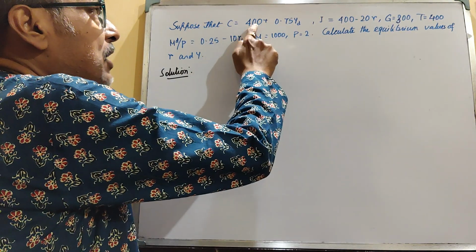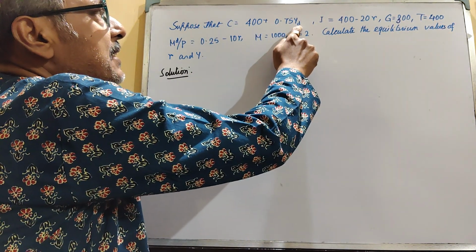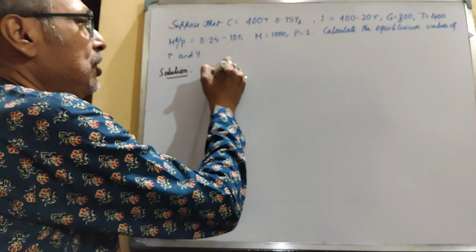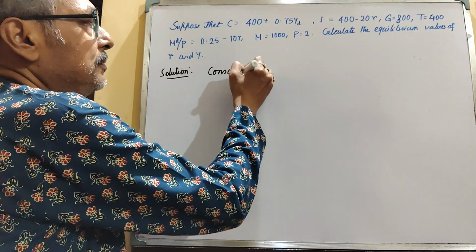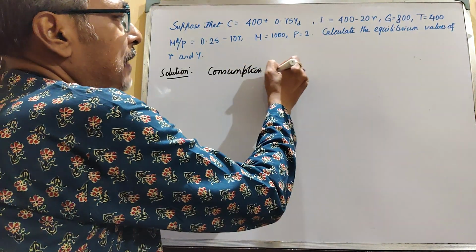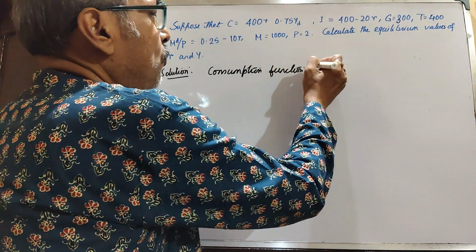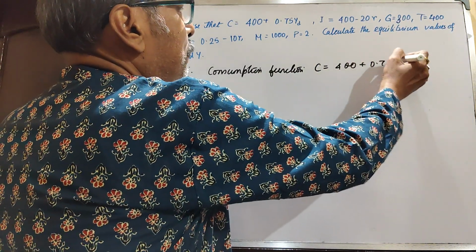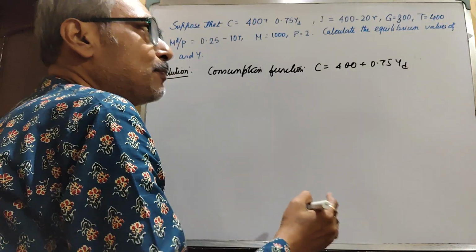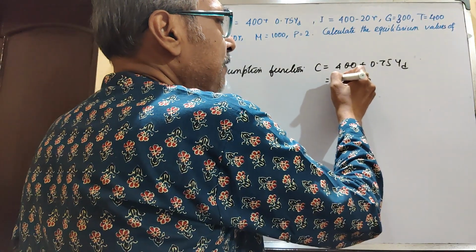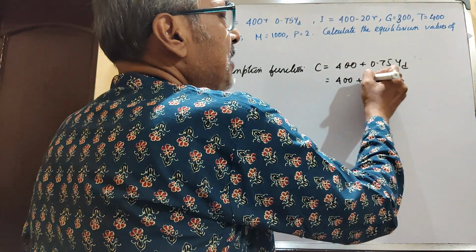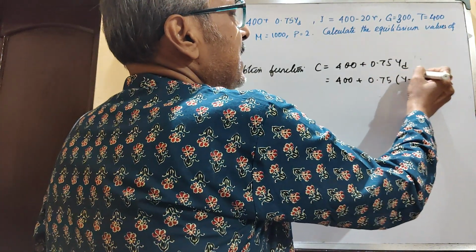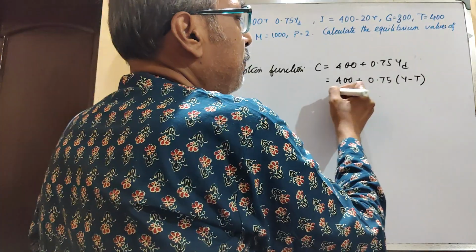Now C equals 400 plus 0.75 YD. This is our consumption function. YD is disposable income. It is defined as Y minus tax, Y minus T. In place of T, I am writing 400.